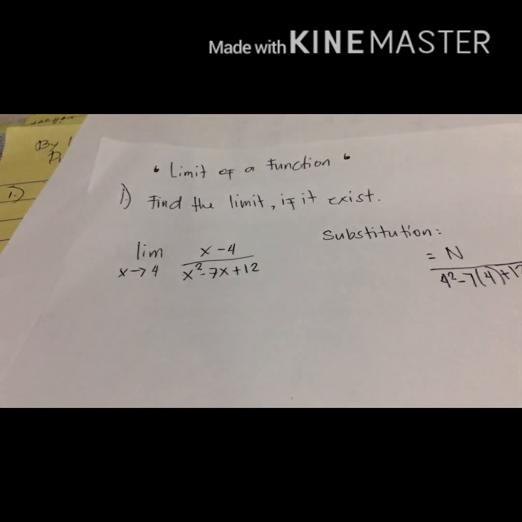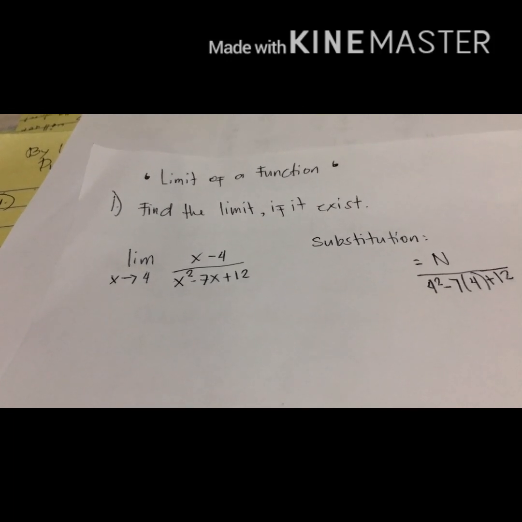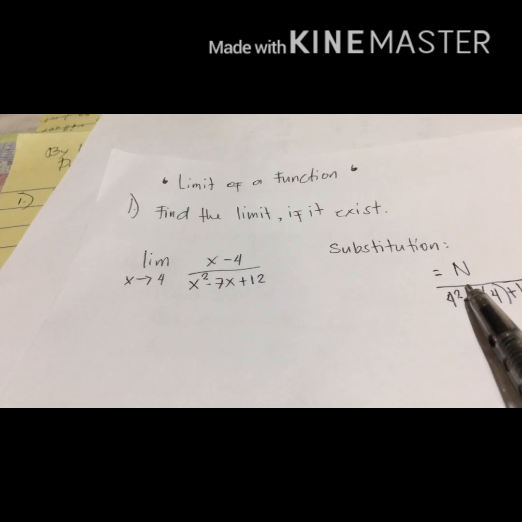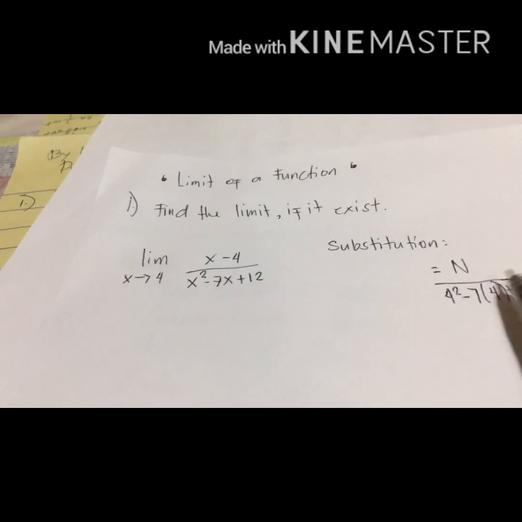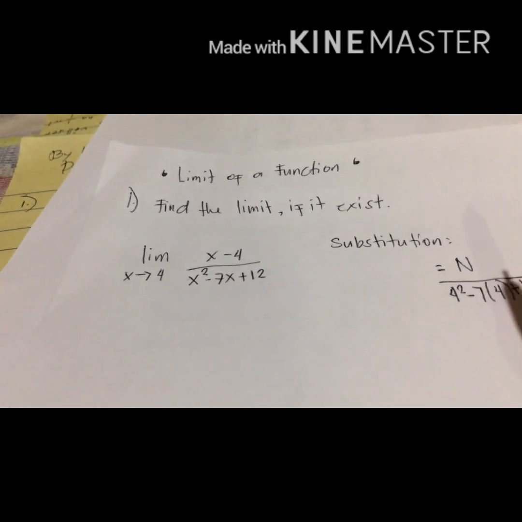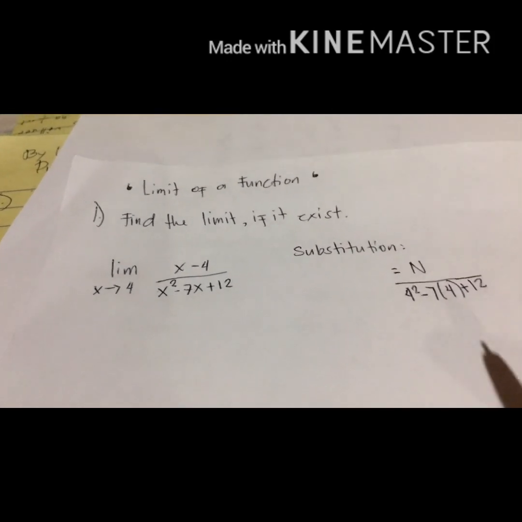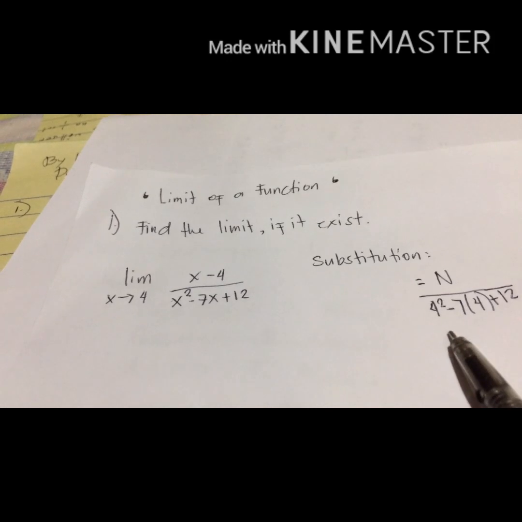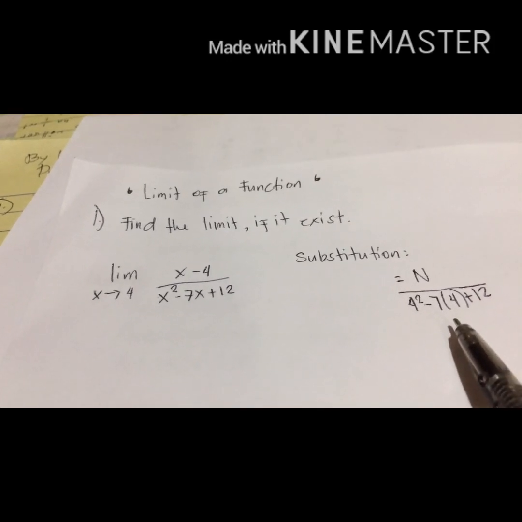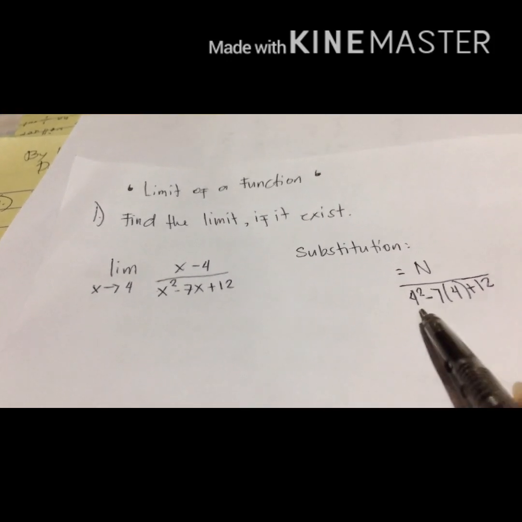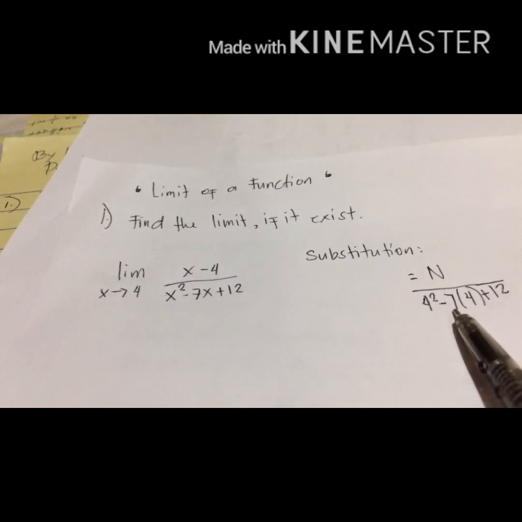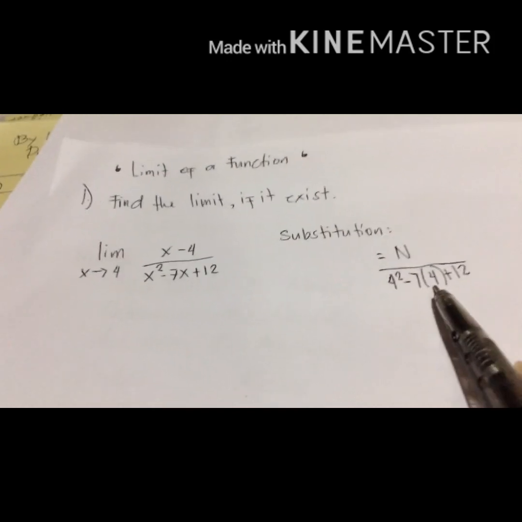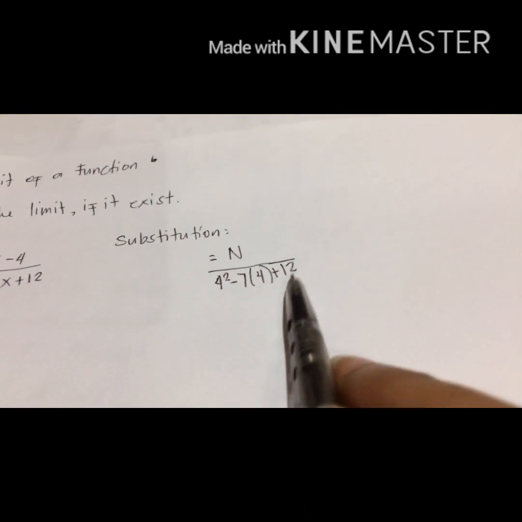We will see if the denominator will equal 0, and for the numerator, just leave it. So we will change the x to 4, because x approaches 4. We will try if it is going to equal. So 4 squared minus 7 times 4 plus 12.